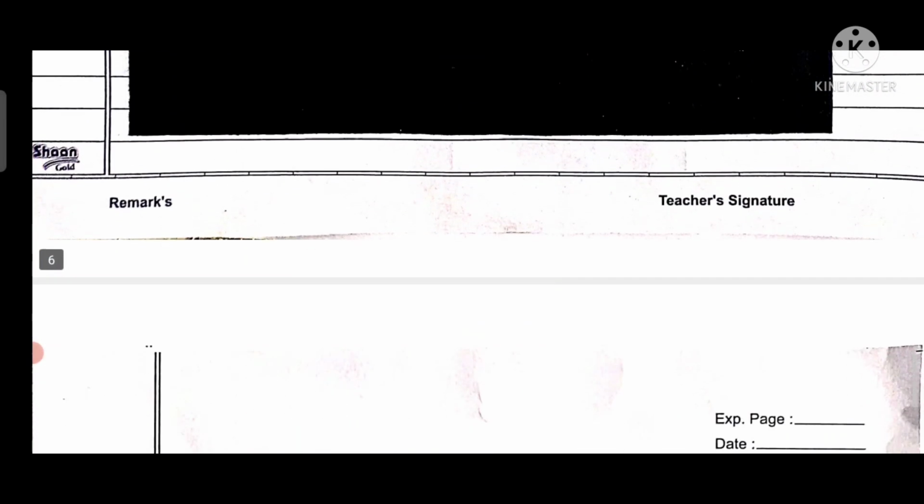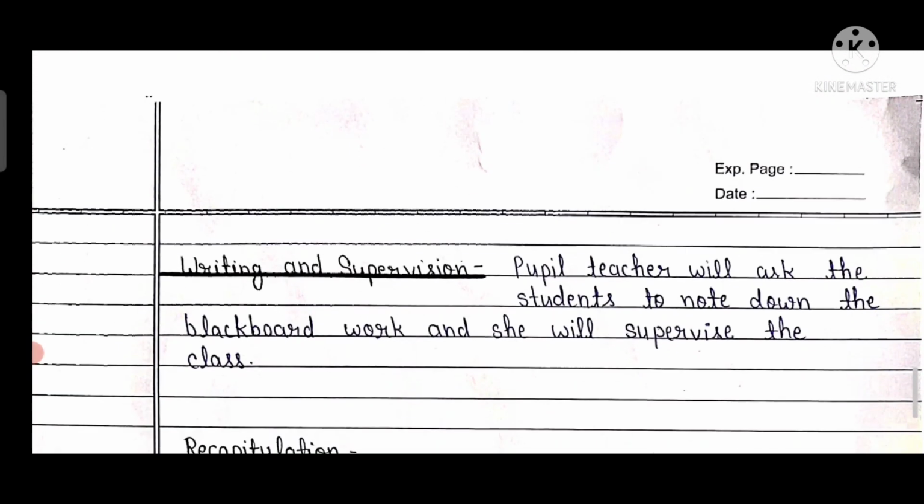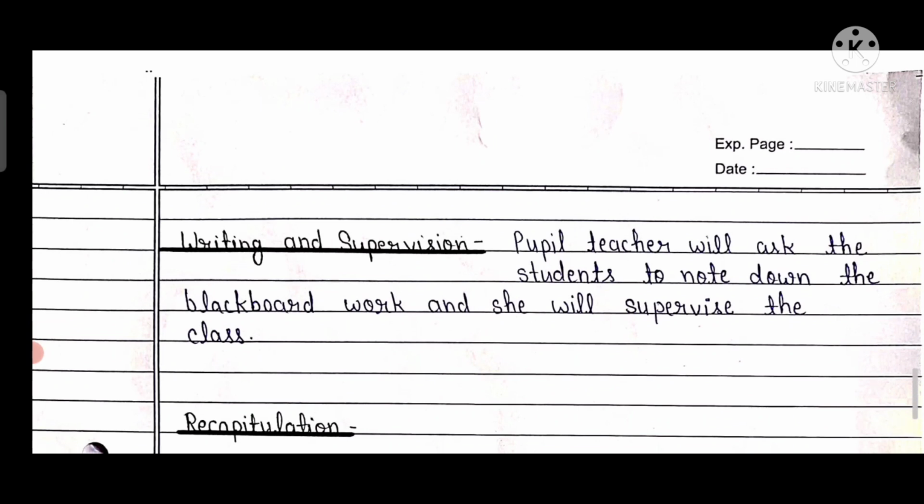After that, the next step is writing and supervision work. In this step, we will allow the students to note down the blackboard work. The pupil-teacher will ask the students to note down the blackboard work, and he or she will supervise the class.